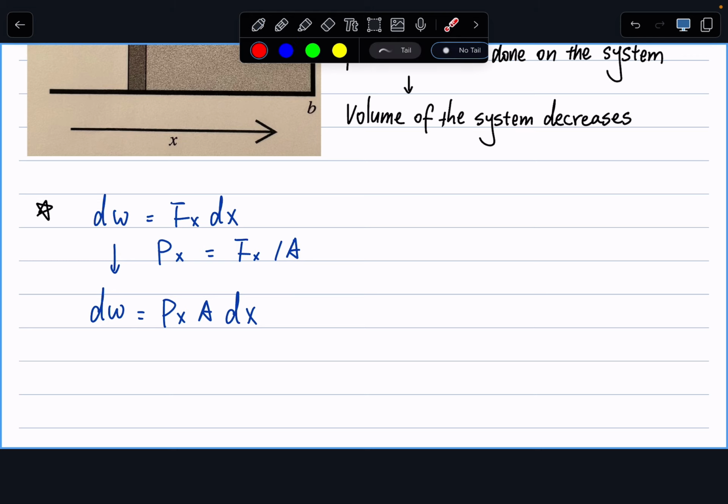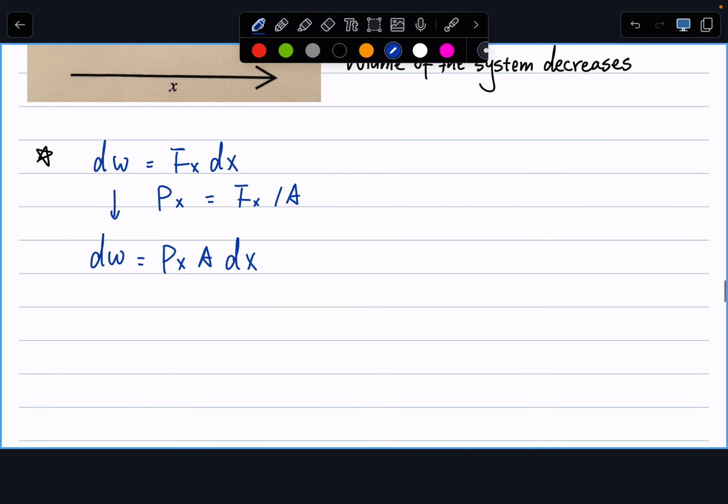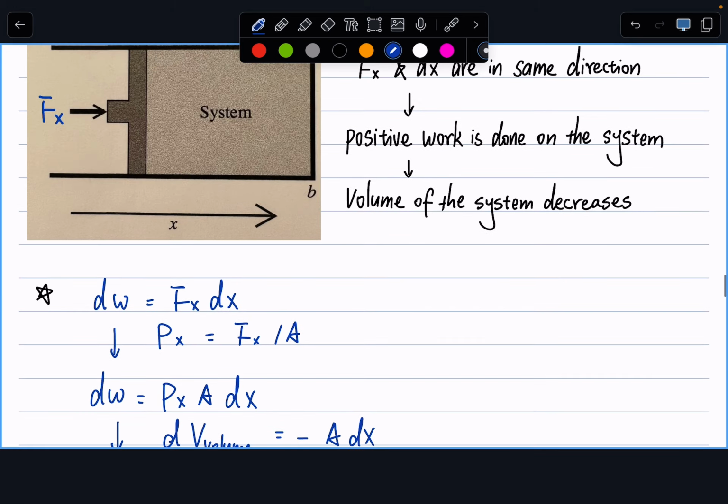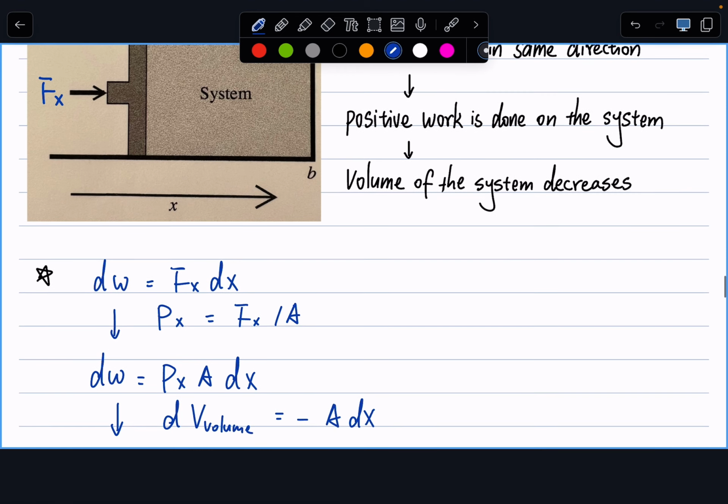Right, so Fx becomes A times Px. And the change of volume, dV, equals negative A dx. So when x is moving to the right, our volume is decreasing, so there's a negative sign in front of our change of volume here.